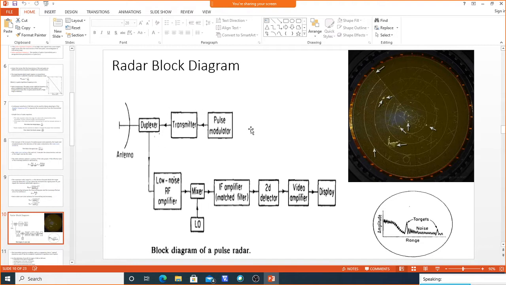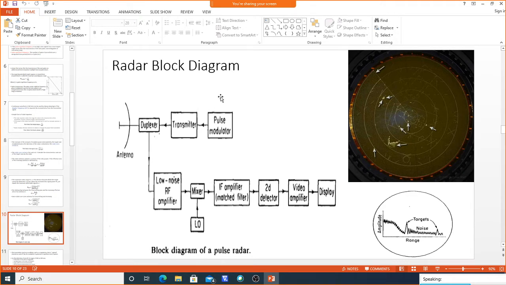Now coming to the transmitter side, there is a pulse modulator, a transmitter and a duplexer. What will this pulse modulator or transmitter do? Generally it generates the pulse signal, a high power signal.